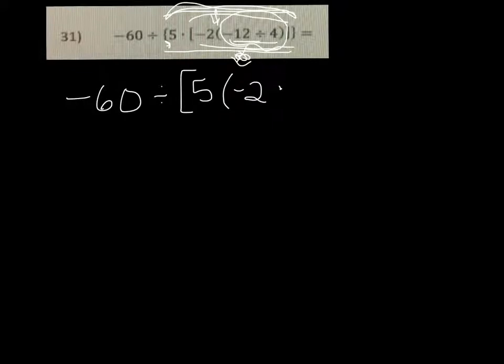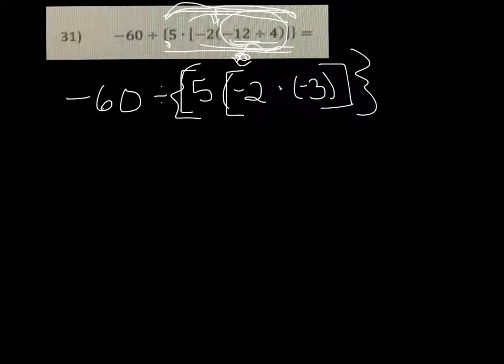Sorry about that. Okay. Negative 12 divided by a positive 4 equals what? Negative 12 divided by a positive 4. That equals a negative 3. So, sorry, this guy should be a bracket. And this guy should be a fancy guy. That's what we'll call him. We'll call him fancy guys.